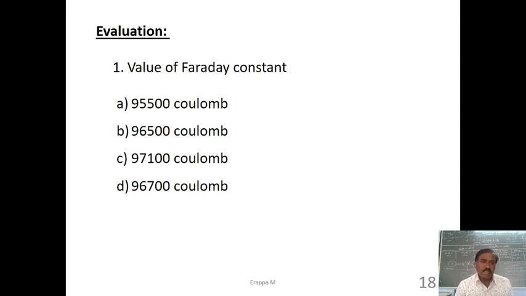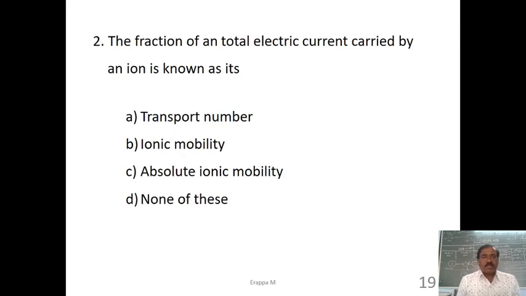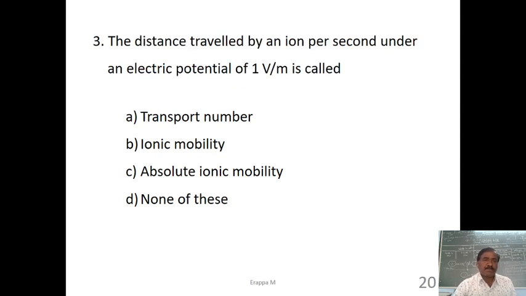The correct answer is B. Then the second question: the fraction of total electric current carried by an ion is known as a dash. The options are transport number, ionic mobility, absolute ionic mobility, none of these. The answer is A, transport number.